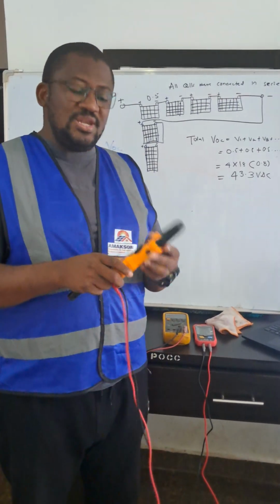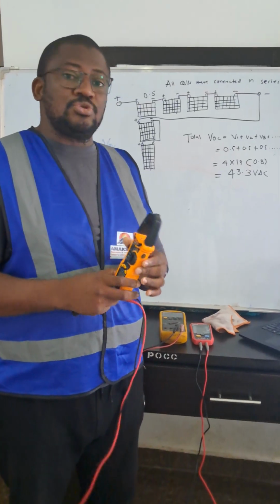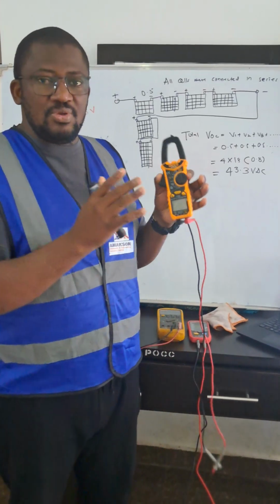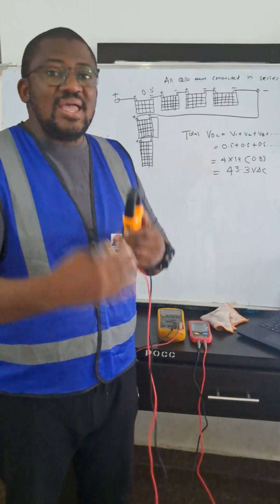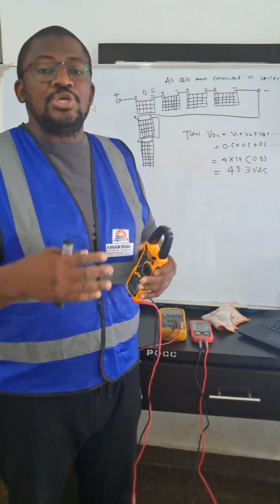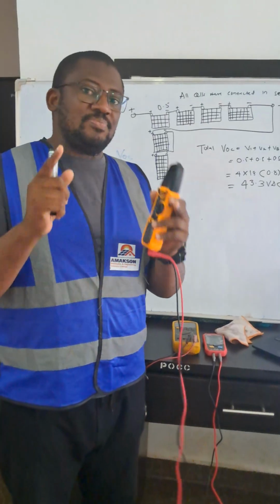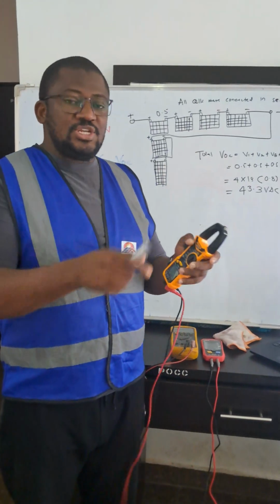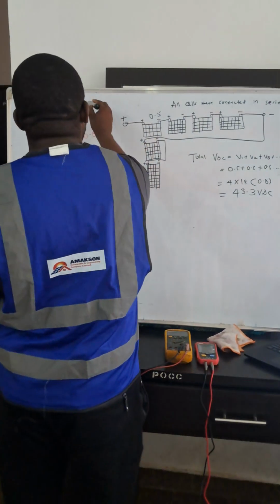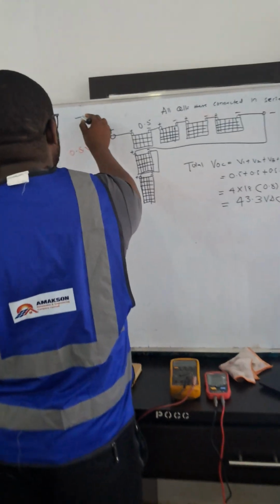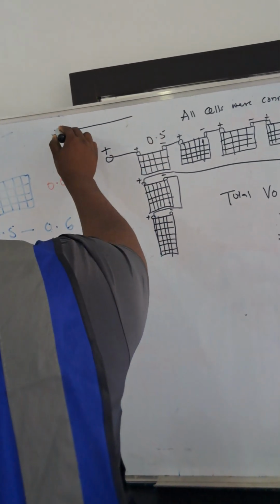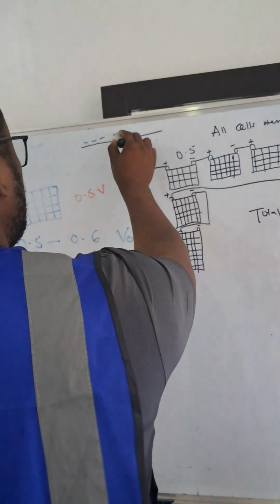You can only short circuit solar panels if it is maybe one or two or three. The higher you go in the connection, the more dangerous the system will be. Why? Because direct current is very dangerous. It is moving in a direct way, like this. You see, this is how it is, you know.